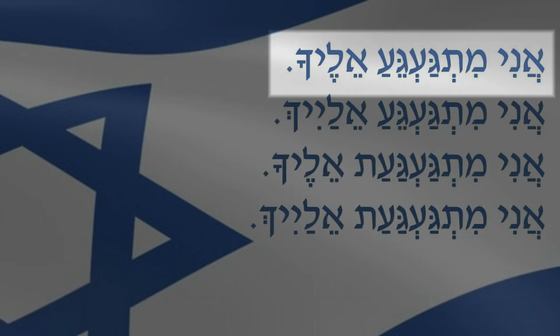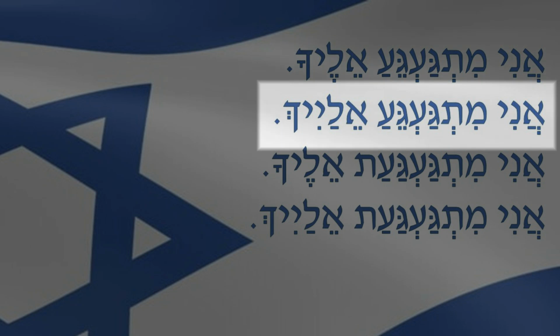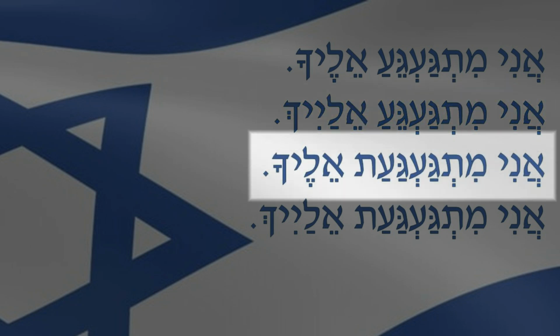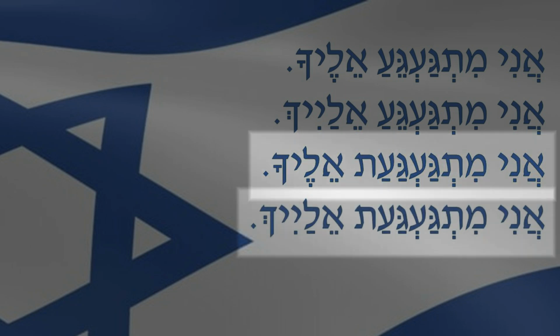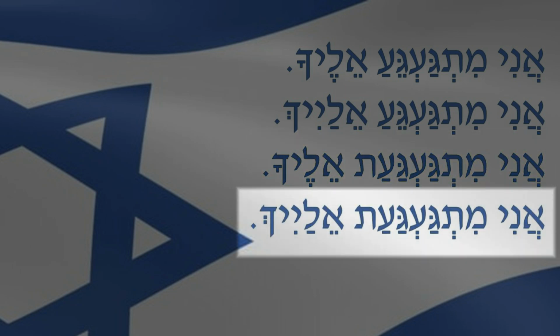And so, if a man misses a man, ani mitga'agea elecha. If a man misses a woman, ani mitga'agea elayich. If a woman misses a man, ani mitga'agat elecha. And if a woman misses a woman, ani mitga'agat elayich.